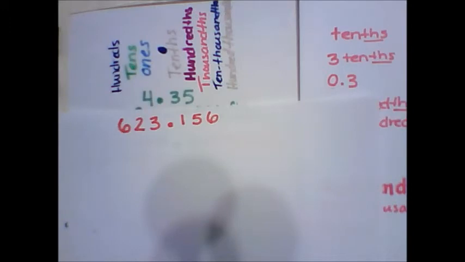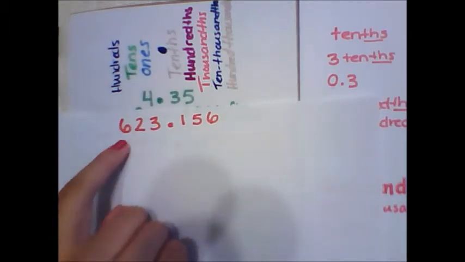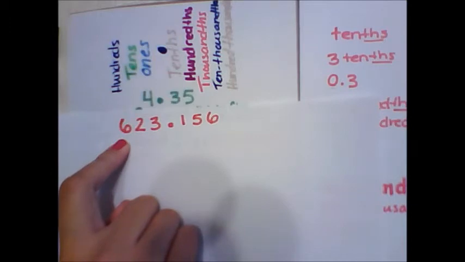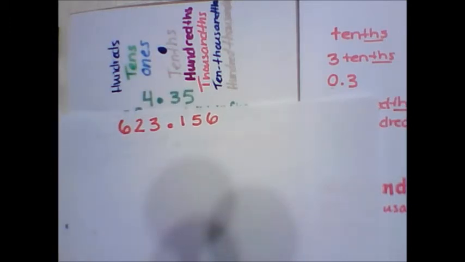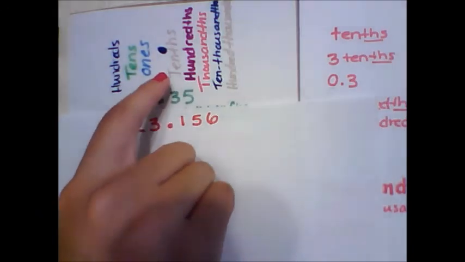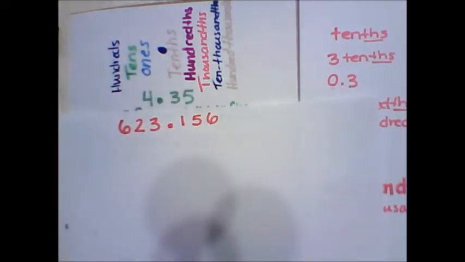What number is in the hundreds place? This 6 is in the hundreds place. So quizzing yourself like that is also a great way to figure out place value, and it'll help you memorize the order in which the place value actually comes right after the decimal point.